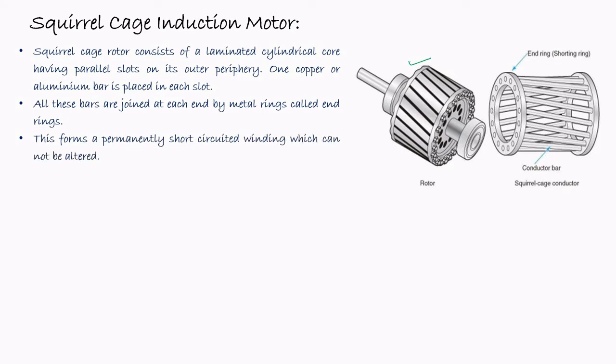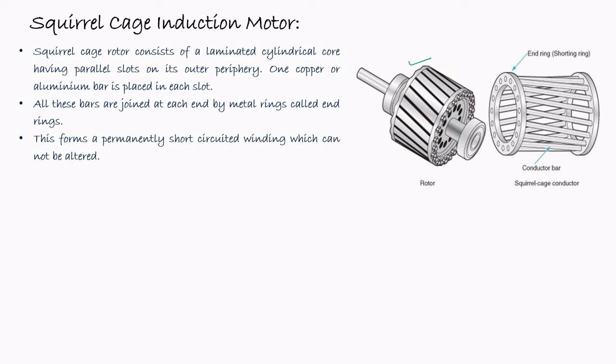This forms a permanently short circuited winding which cannot be altered, as the rotor conductors are short circuited from both the sides. Therefore, the rotor conductors or the rotor windings cannot be changed. Also, we cannot add any external resistance to the rotor winding, which is required to produce the high starting torque.